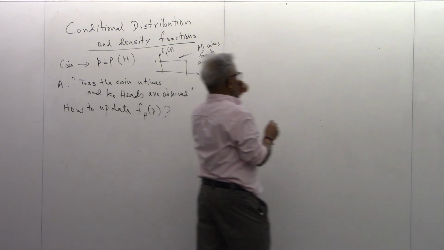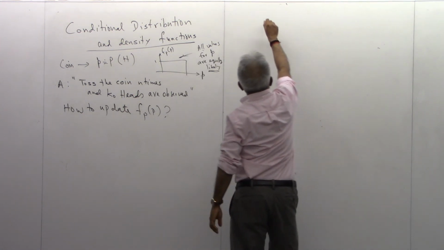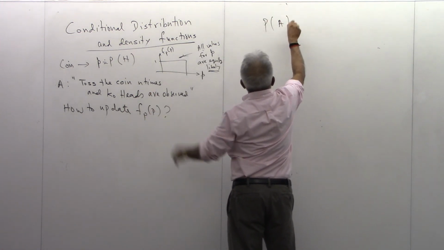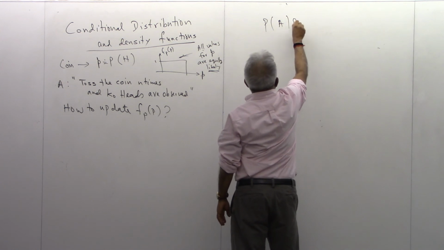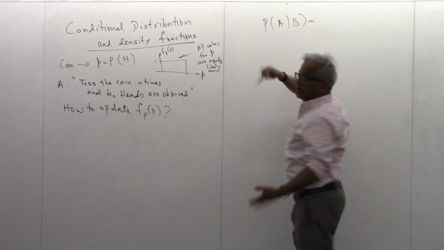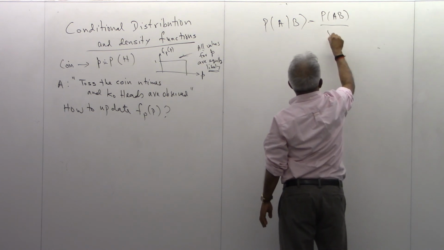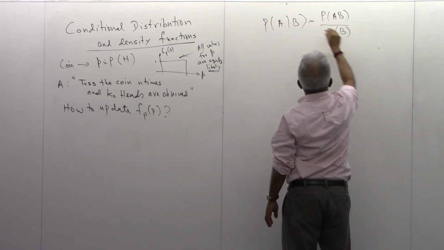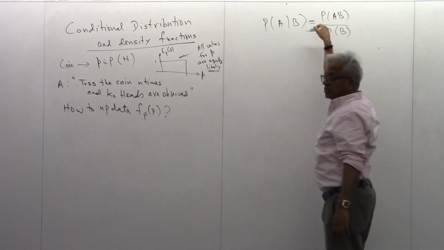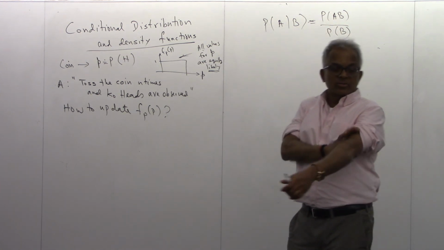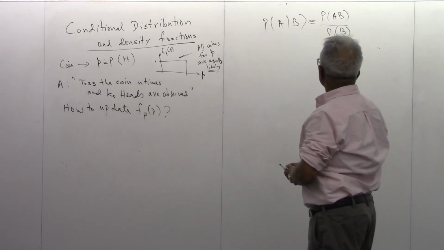All right, so again to make progress here, I go back to conditional probability. If you recall, we wrote this as P(AB) over P(B). This definition makes sense because it obeys all axioms of probability.